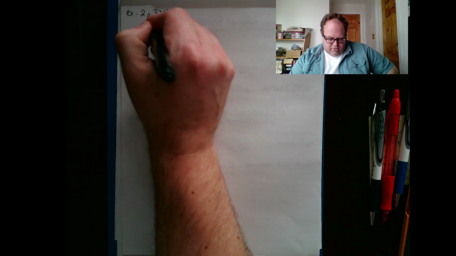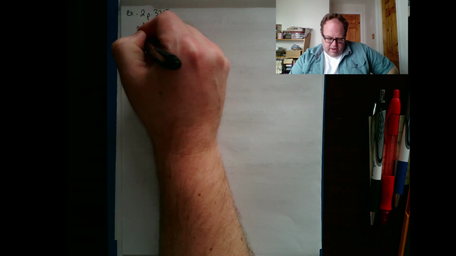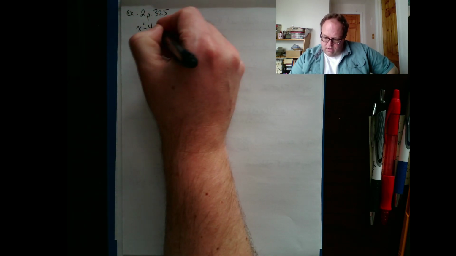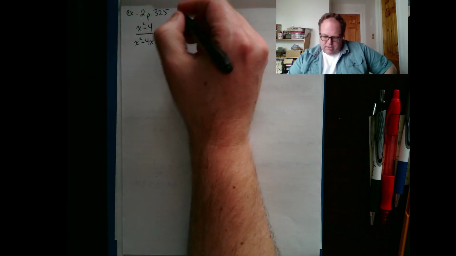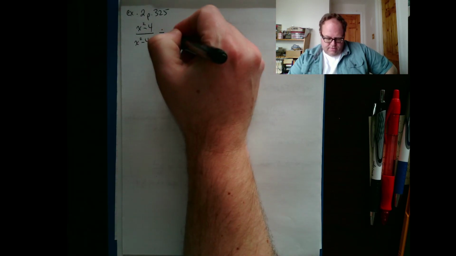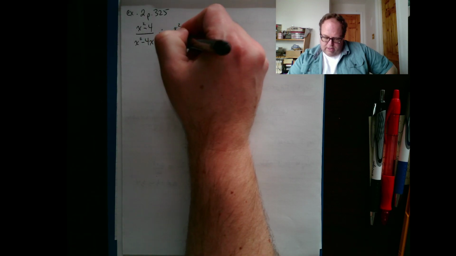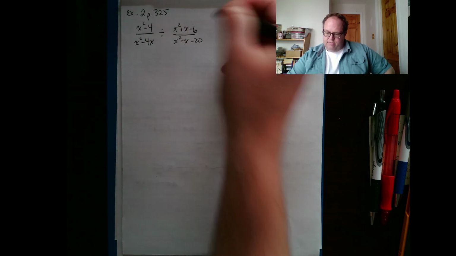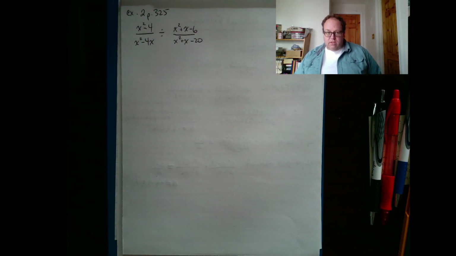x squared minus 4 divided by x squared minus 4x, divided by the rational expression x squared plus x minus 6 over x squared plus x minus 20. Still going to start out the same way. I'm going to factor.